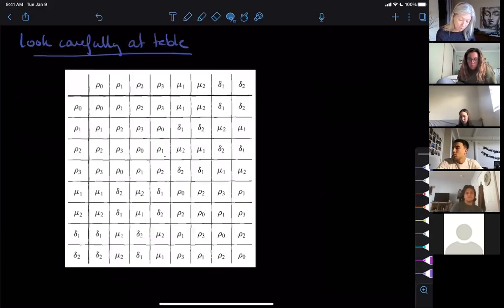So what's true about every row, let's say? And same thing for every column. Every row has to have what, if it's a group?